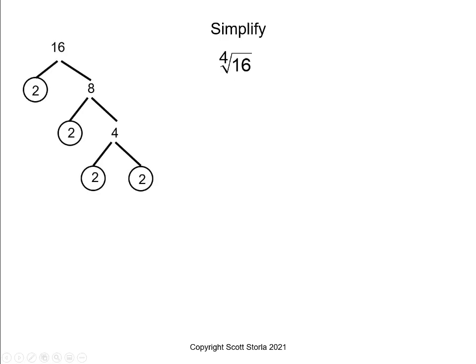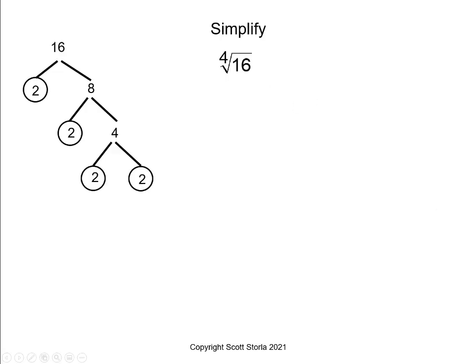Here's another case. Notice this time our index is even, and that's going to be important in a minute. So here we're looking for a base. When that base has an exponent of 4, we're going to get a 16. Sometimes you can just see what it should be, but if you can't, keep in mind you've always got prime factorization. If I prime factor 16, I see I have 4 factors of 2.